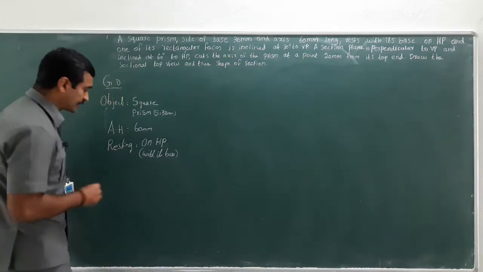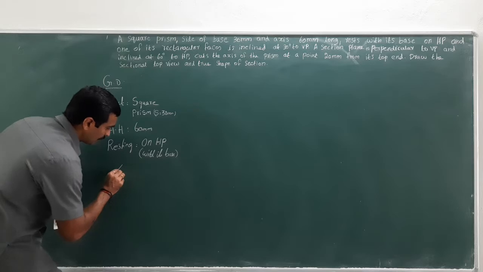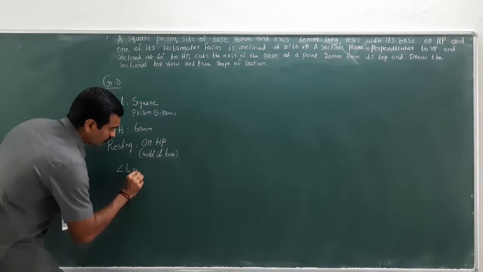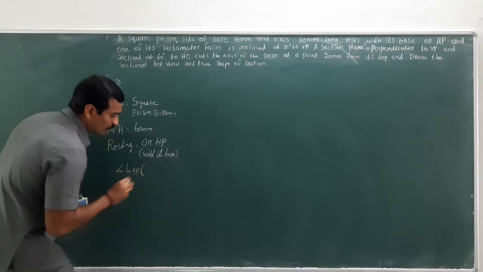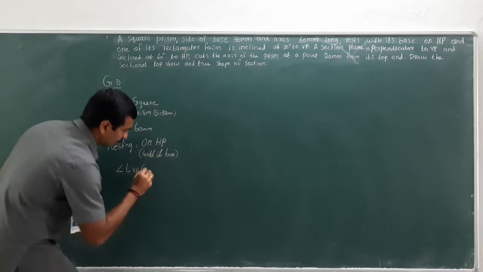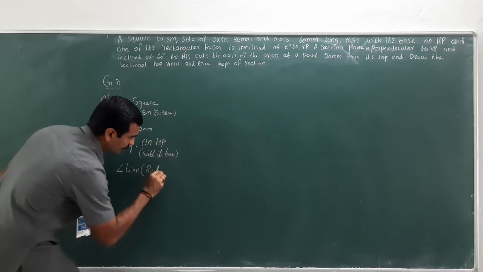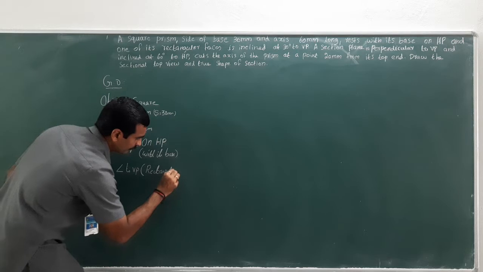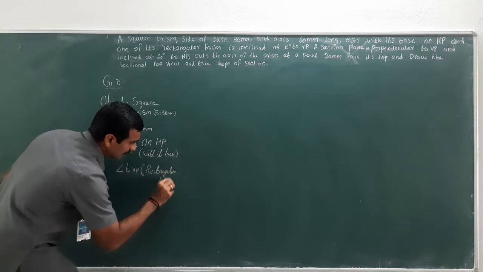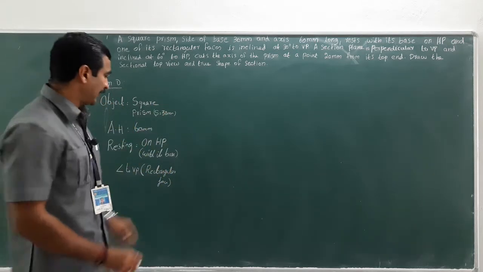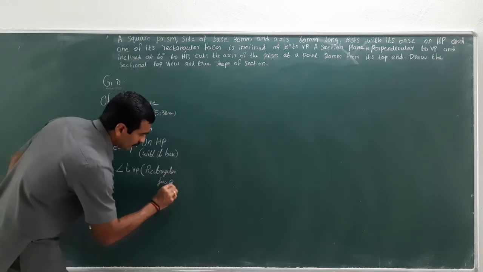That means one of its rectangular faces is inclined to VP. What is inclined? One of its rectangular faces, isn't it? Rectangular face is inclined at 30 degree.